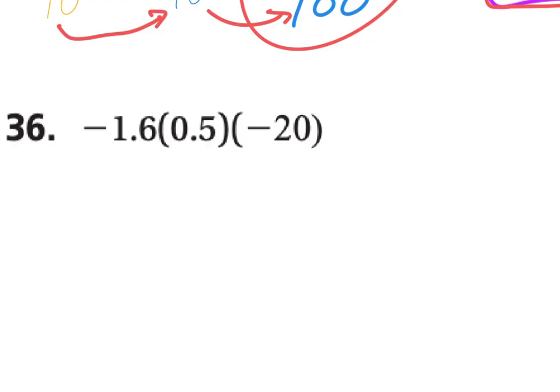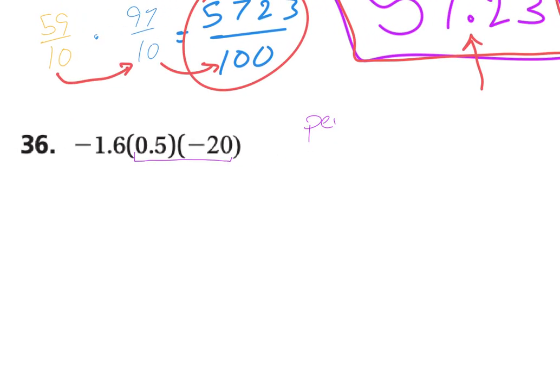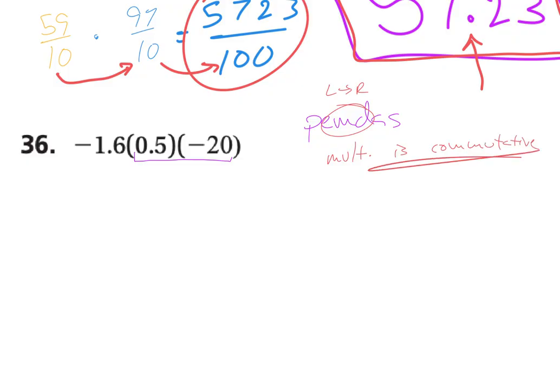If you're paying attention, I would do this one first. Why am I allowed to do that? When it comes to PEMDAS, yes, you want to do those in order from left to right, but multiplication is commutative, which means we can switch them around. 2 times 3 is 6, but so is 3 times 2.